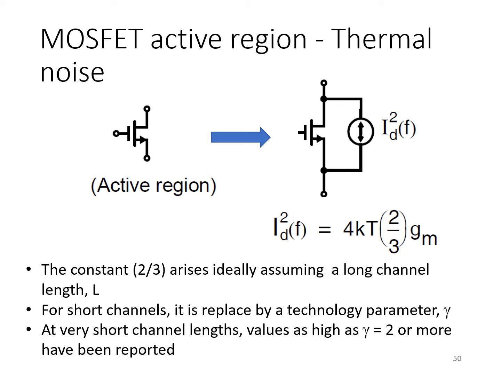For more advanced technologies or short channel lengths, we would replace this constant 2/3 with a parameter gamma. In fact, at very short channel lengths, values as high as gamma equals 2, or even more, have been reported.